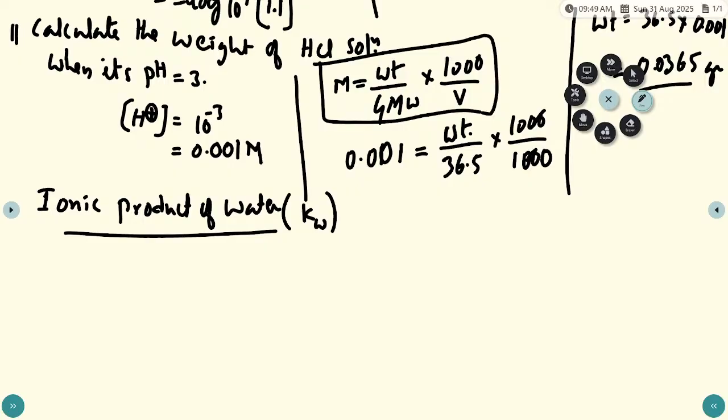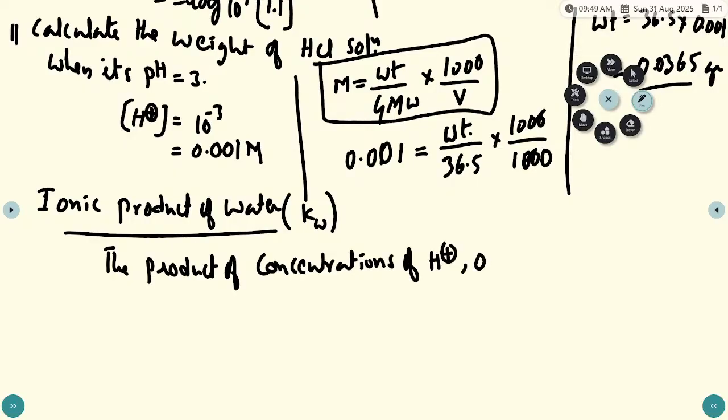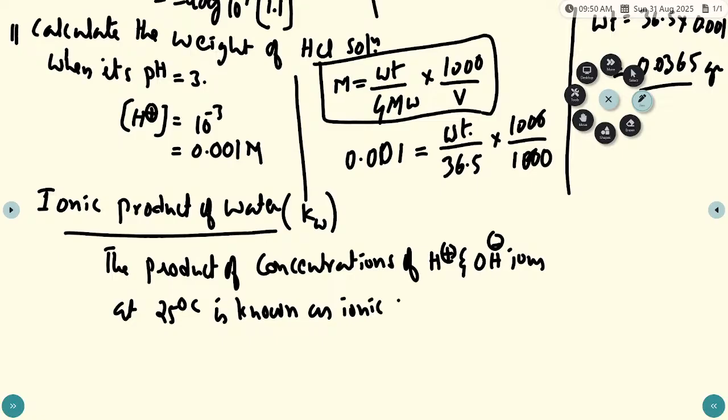So what is the ionic product of water? The product of concentrations of H plus ions and OH minus ions at 25 degrees centigrade is known as the ionic product of water.